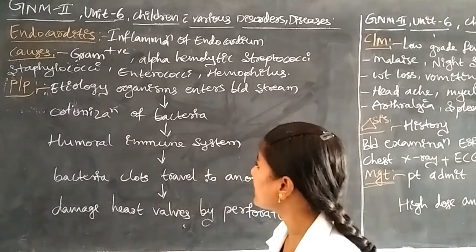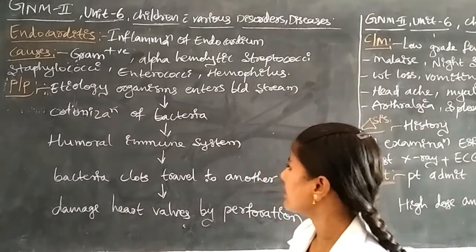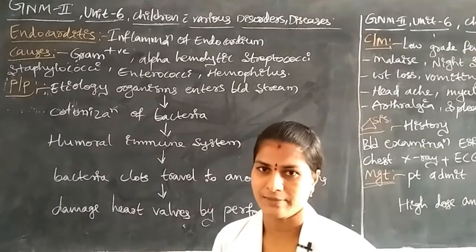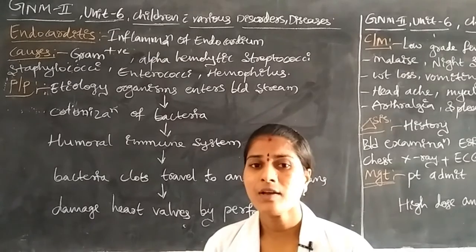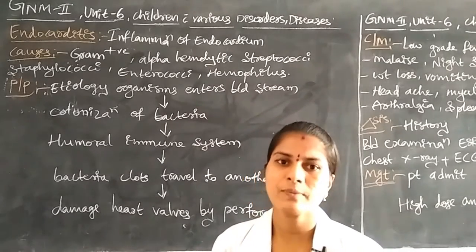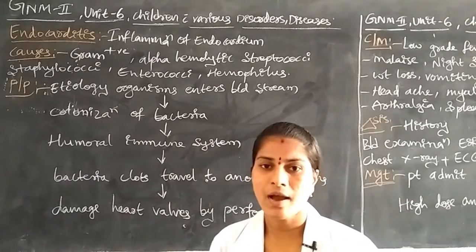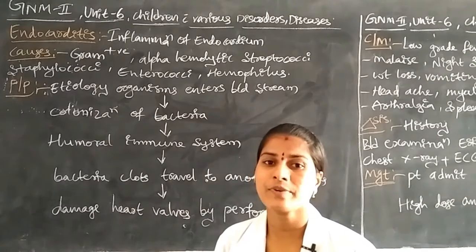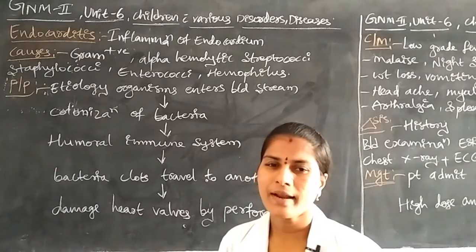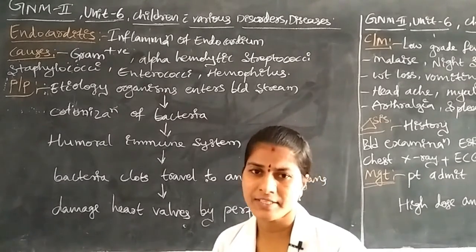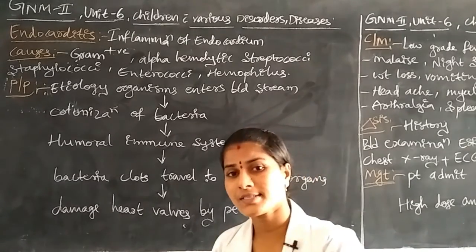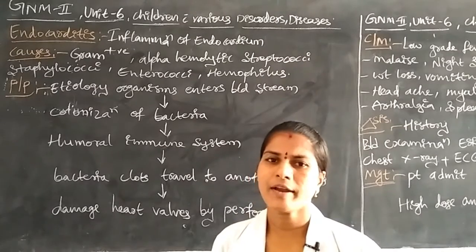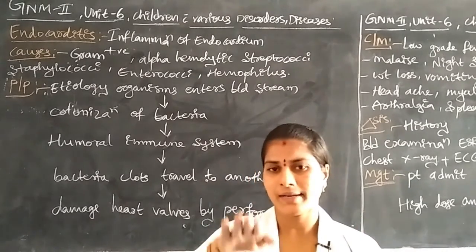Next, the humoral immune system is activated, and antibodies are released from the body. But they have less action, or not enough power to fight against the antigen, so the antibodies are killed by the antigen.